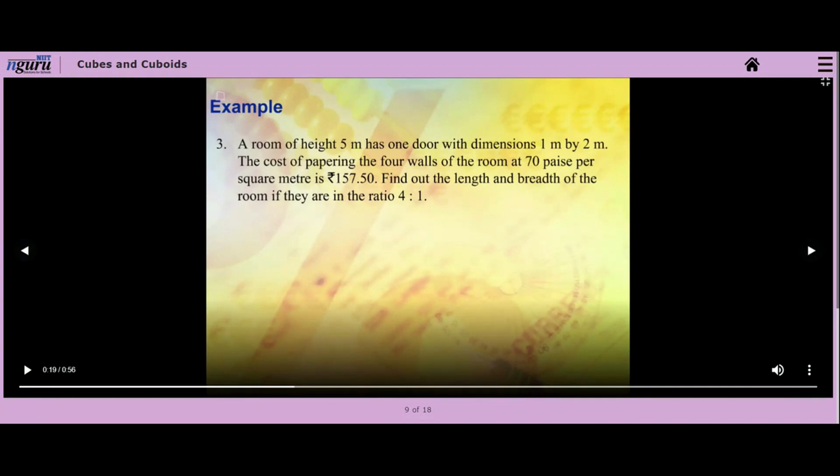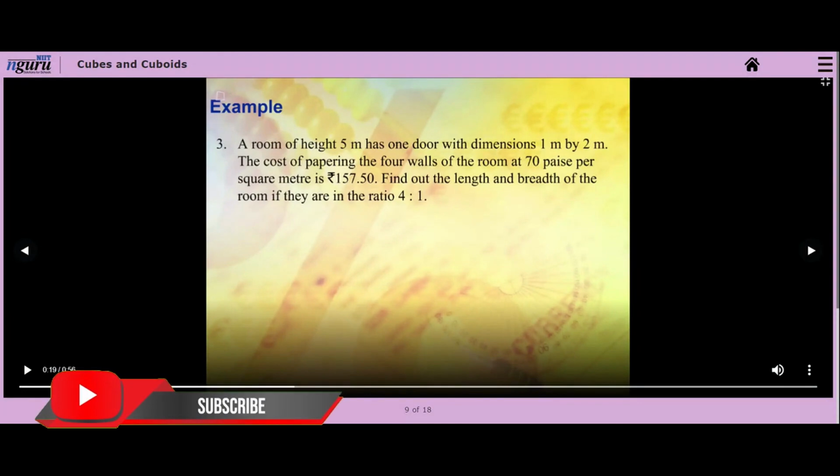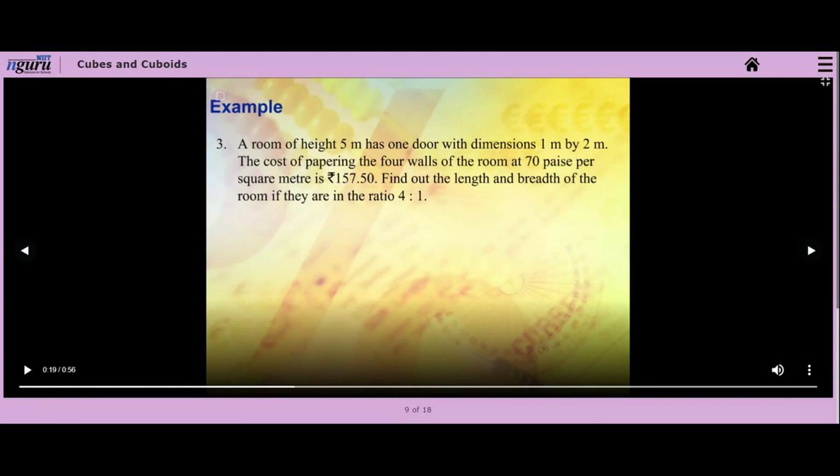We are not papering the door. Correct? Ma'am. The door has dimensions 1 meter by 2 meters. So 1 into 2. And that whole thing multiplied by 0.7 equal to 157.5.